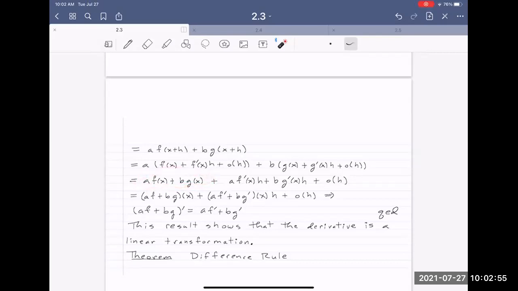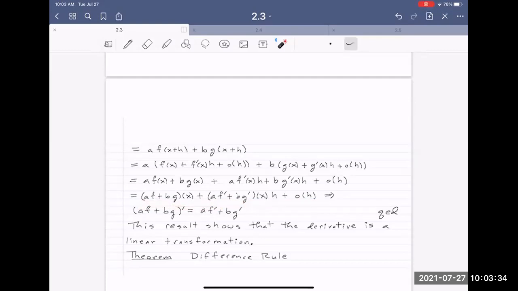Let me rewrite this first term using the pointwise definition of addition. This is equal to a f plus b g at x, plus, again using the pointwise definition of addition and scalar multiplication, a f prime plus b g prime at x times h plus little o of h.